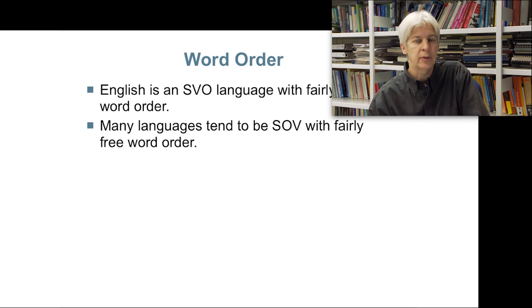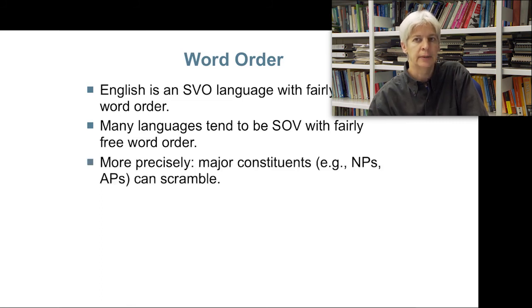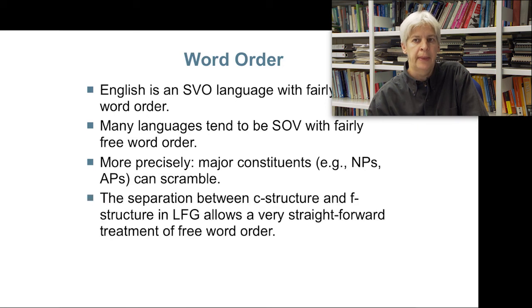The subject could be after the verb, it could be just before the verb, you don't know. What does tend to be helpful is case marking. And Urdu is one of such languages, which is why we've used the inside-out functional uncertainty method to deal with case marking there. So major constituents tend to be able to scramble in these kinds of languages.